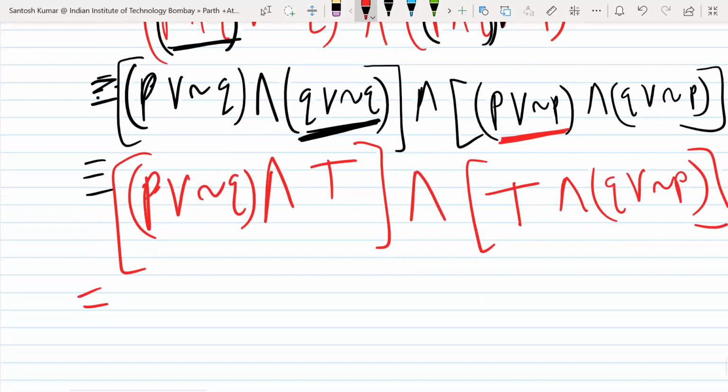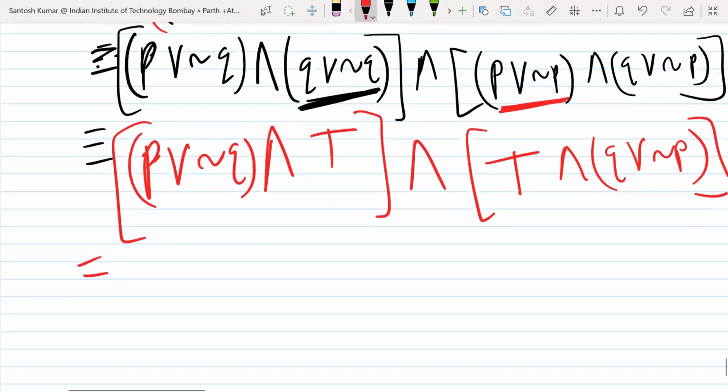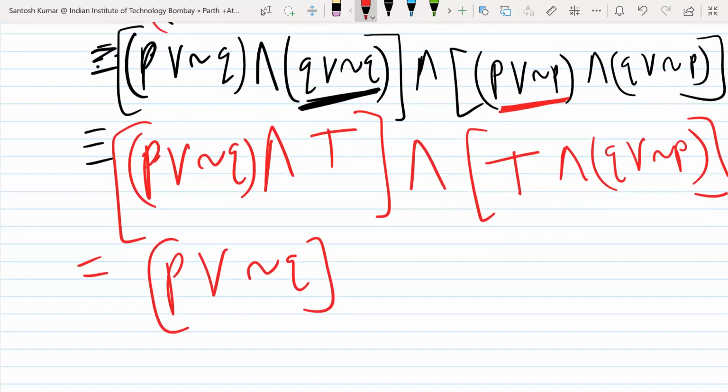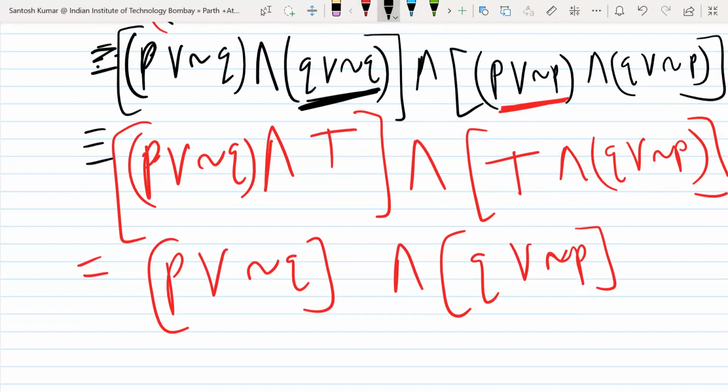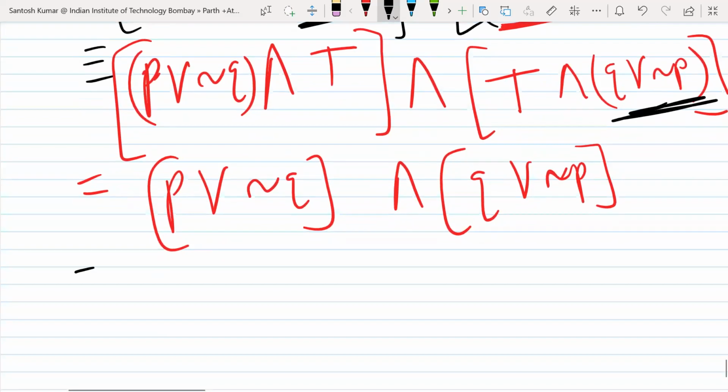So now something and T is something only, it depends on something. So P or not Q and Q or not P, because true and some statement is equivalent to that statement: if it's true, then true; false, then false. Now look carefully.